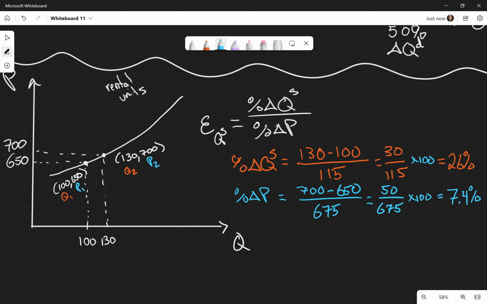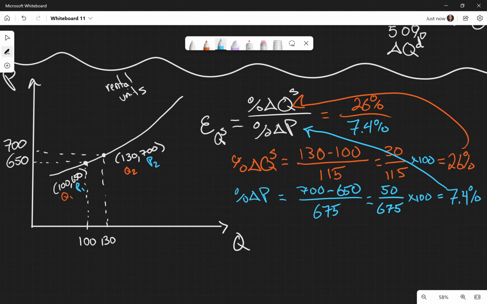And then we just put them together, right? We put this down here, we put this up here: 26% divided by 7.4%. This is obviously going to be greater than 1, but how much greater than 1 is it going to be? It's 3.5.